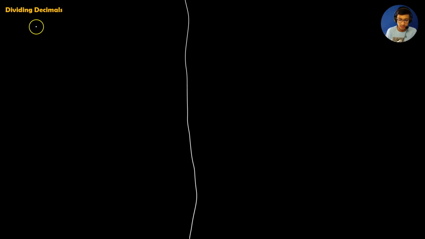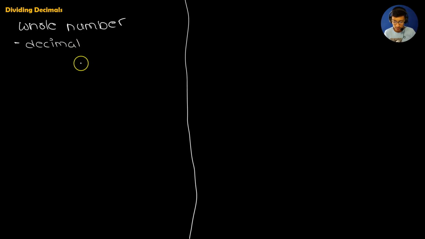The first type is like dividing whole numbers, for instance when there is a decimal and you have a whole number.